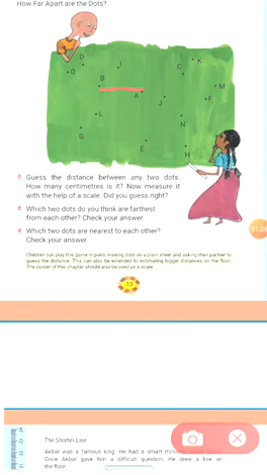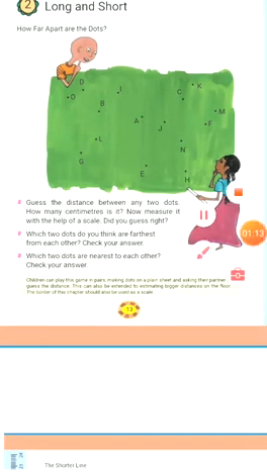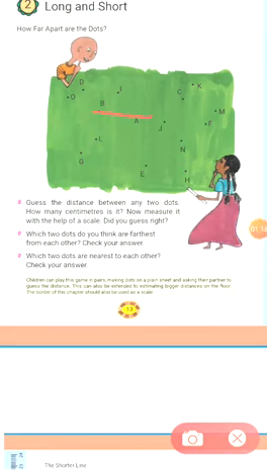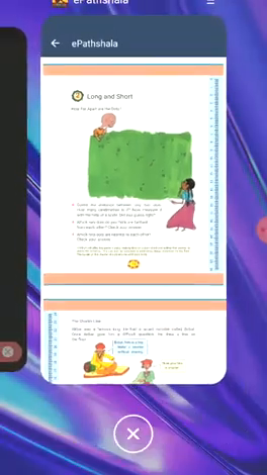Now you need to guess it, and you have to guess it in centimeters. Let us guess it. Let's suppose it is 2 centimeters. Okay, let's see in the copy.